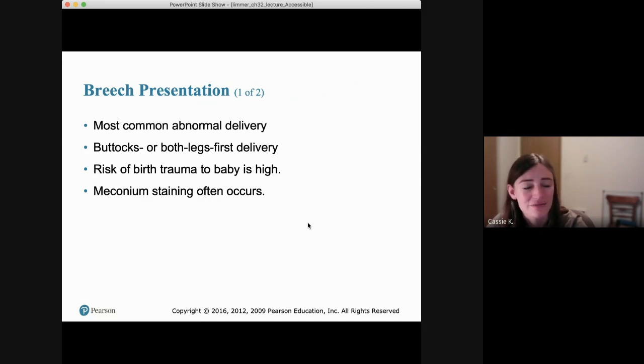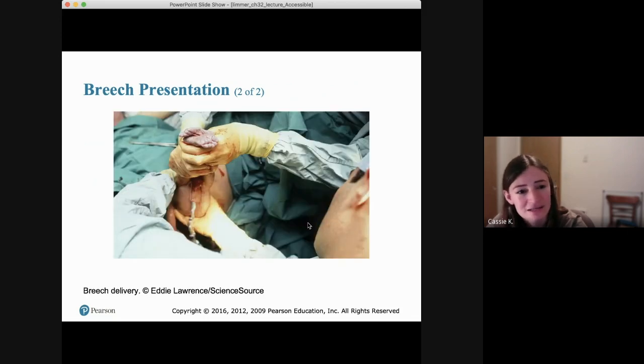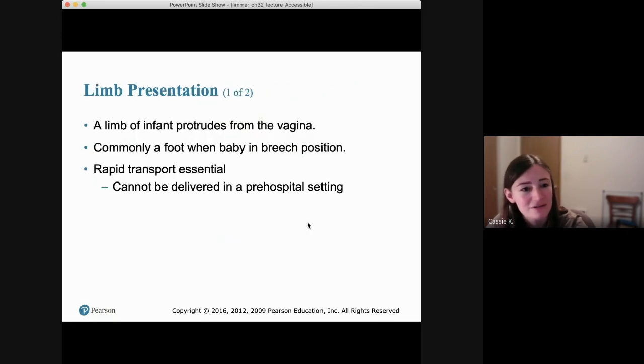In these cases, risk of birth trauma to the baby is high. Like in this case, delivering feet first. There's limb presentation, so you might see a limb like a foot or a hand. If they're in breech, then you might see the feet.